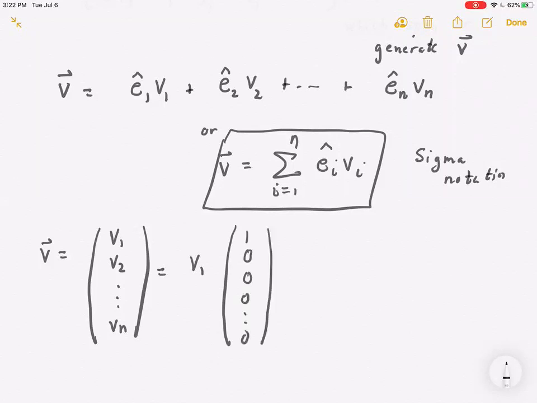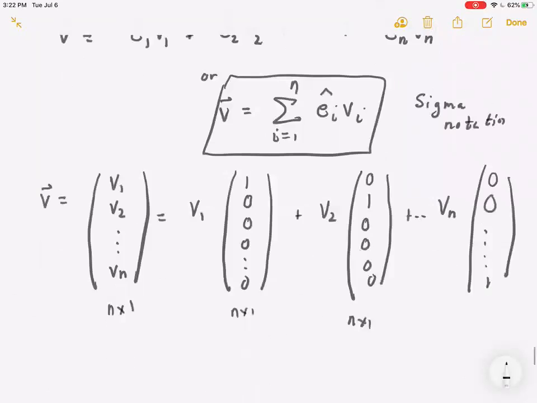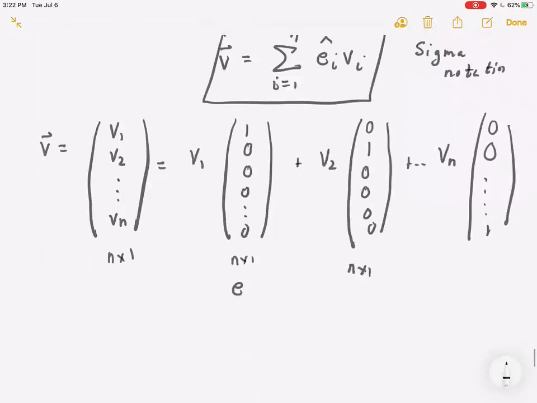It's an n by 1 vector plus v sub 2 times this standard vector 0, 1, 0, 0, 0, 0. And I just keep going all the way to v sub n, where I have my final. So this is e hat 1, this is e hat 2, and this is e hat n.